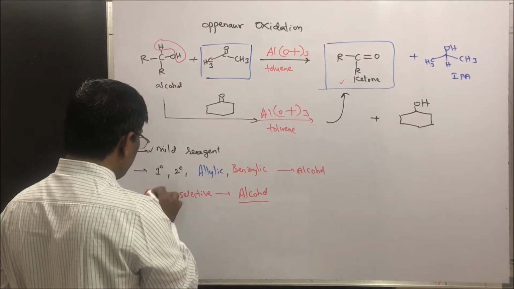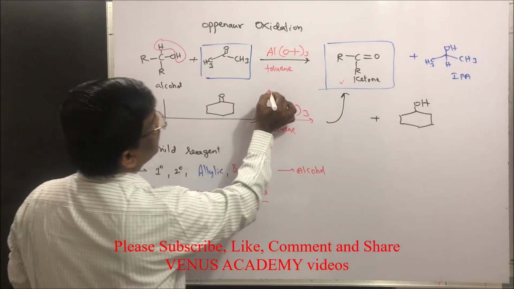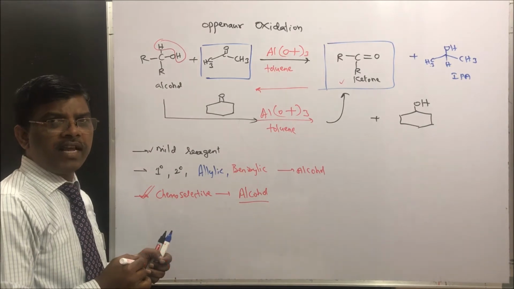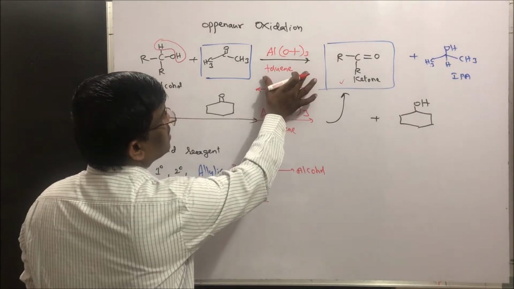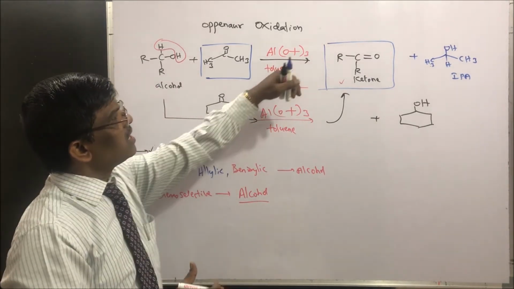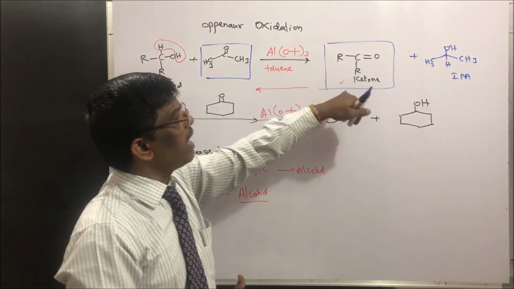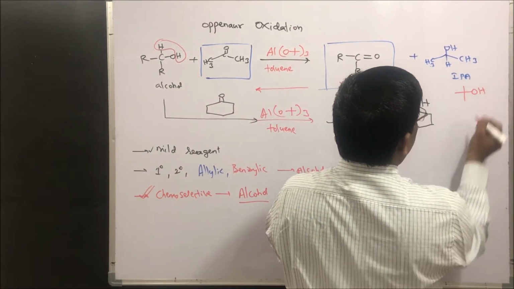It is highly chemoselective. In the previous lecture, I have explained that the reverse of this reaction is known as MPV reduction, Meerwein-Ponndorf-Verley reduction. Yes, it is a reversible reaction. However, since we are using the tertiary butyl group here, it can be obtained as tertiary butanol, which is not going to disturb our reaction.